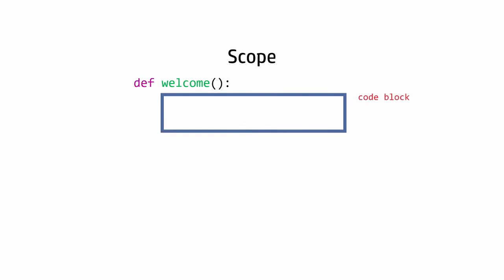You may or may not be aware of it, but you have actually been implementing it a little bit. When we look at a function as an example, and we've got this function called welcome that we've defined, everything after that colon is indented and it goes into this code block.